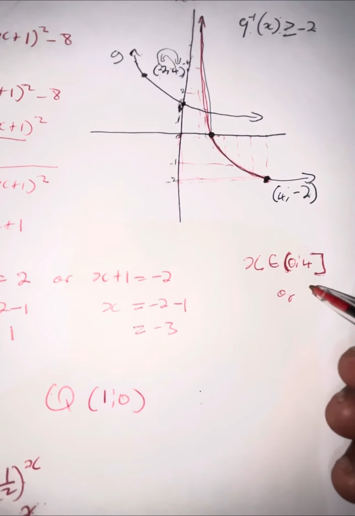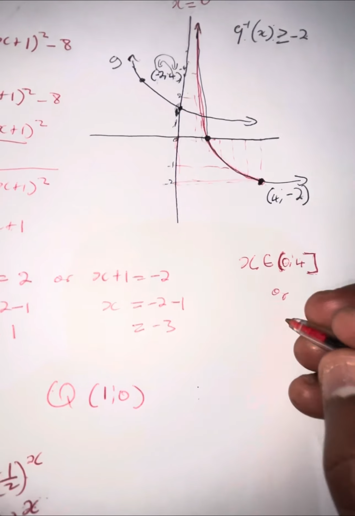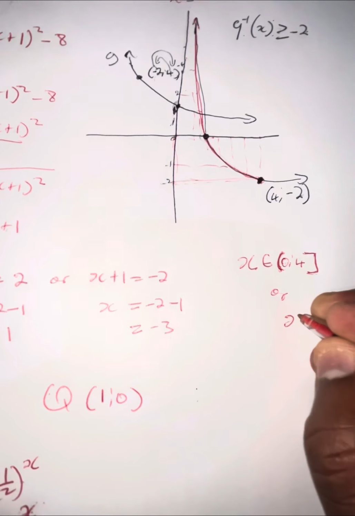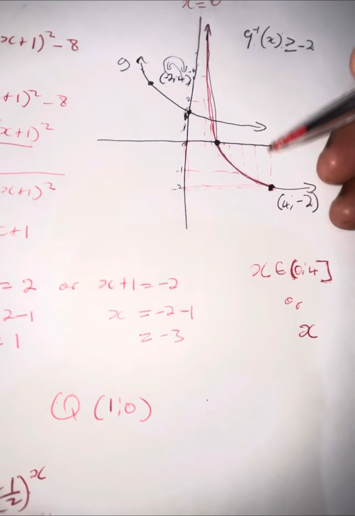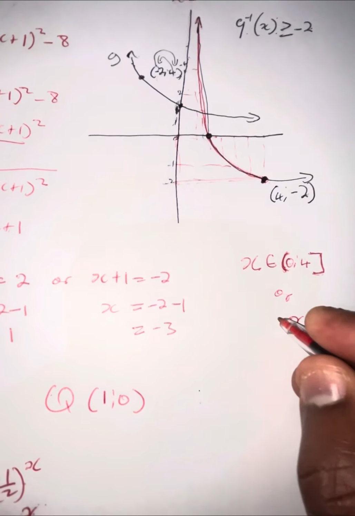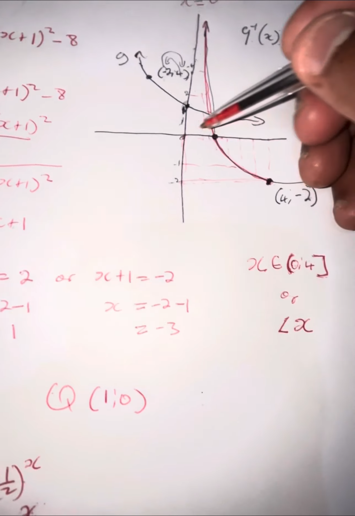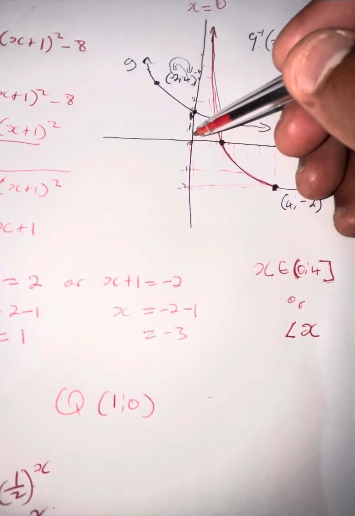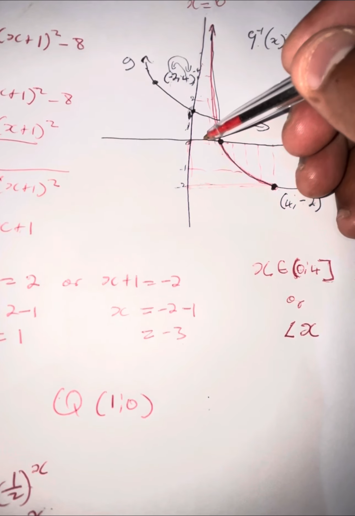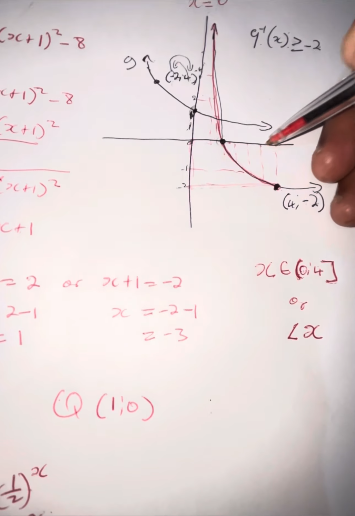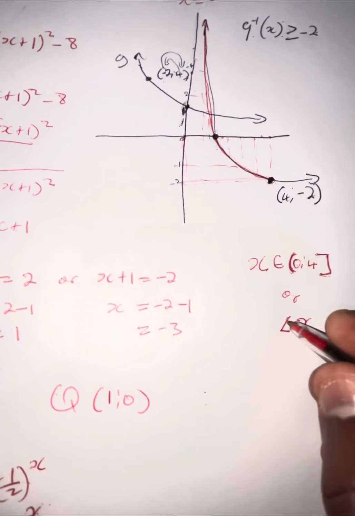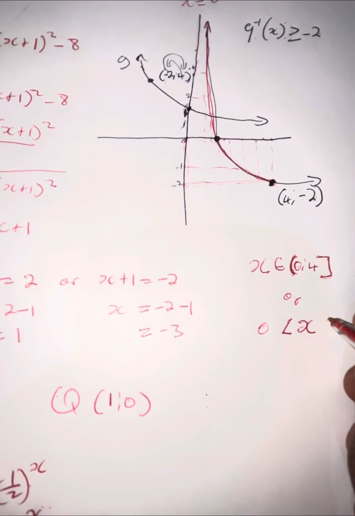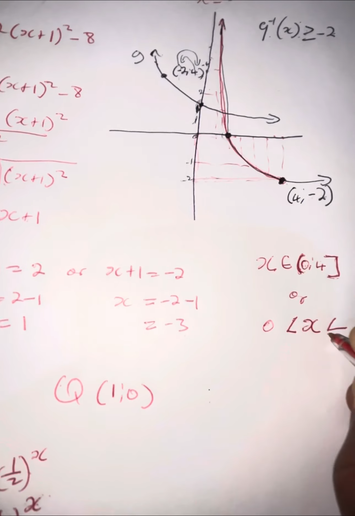you can use the inequality form to say that our x, just because it is between 0 and 4, right? So x is greater than 0, because from 0, 1, 2, 3, 4, all these x values are greater than 0. So x is greater than 0 or less than or equal to.